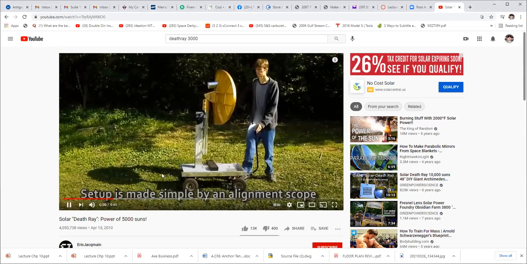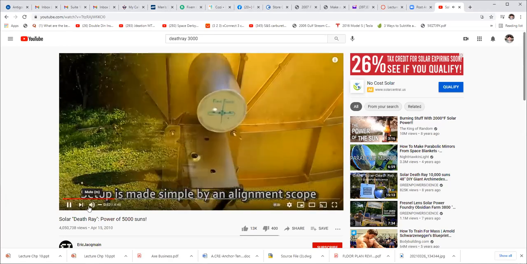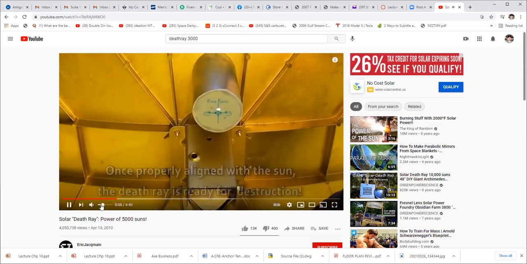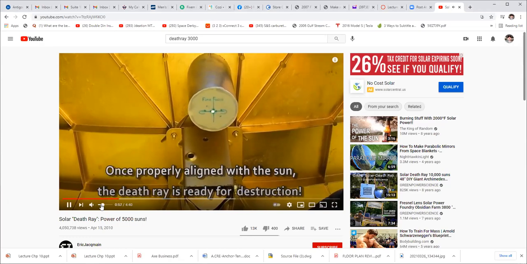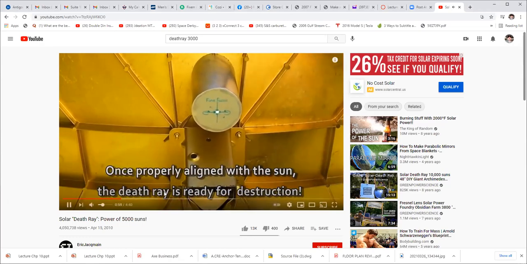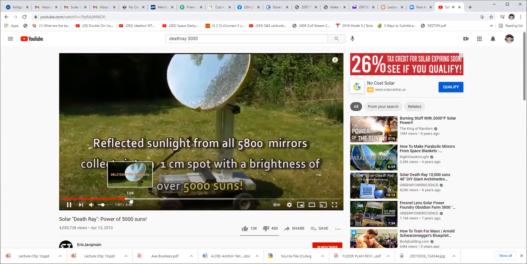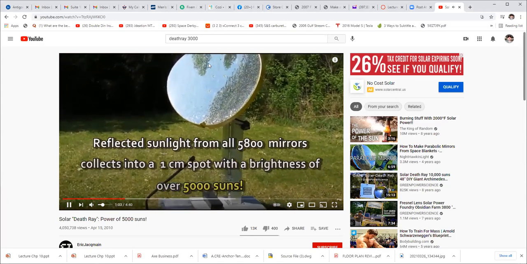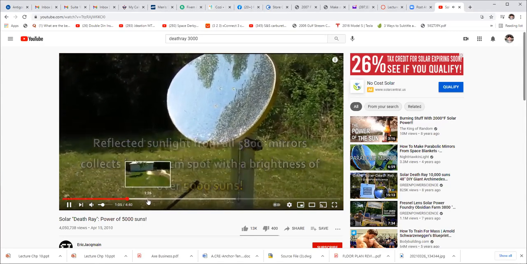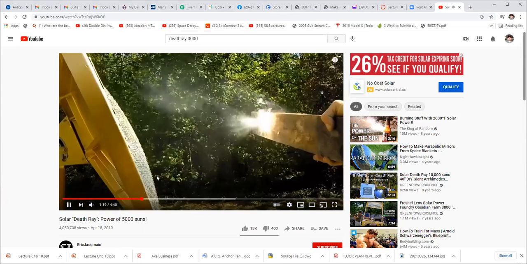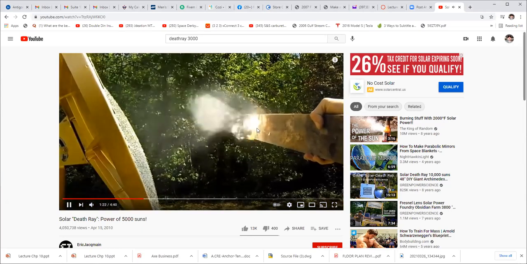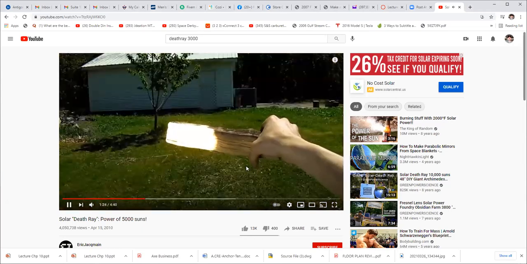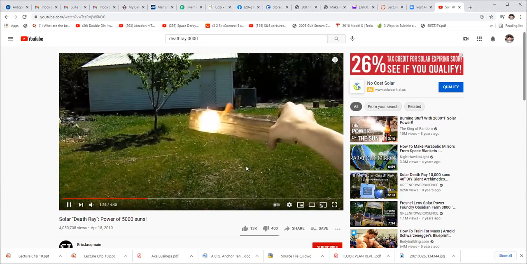So this kid glued a bunch of mirrors on here, and you can see he can use it to burn wood, which wouldn't normally happen when you went out in the sunlight.